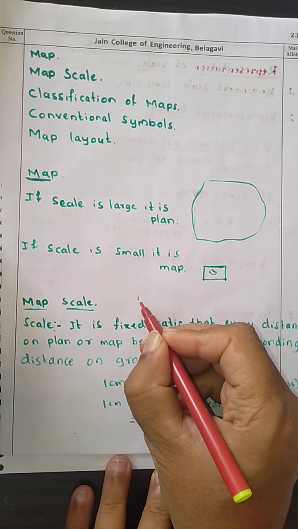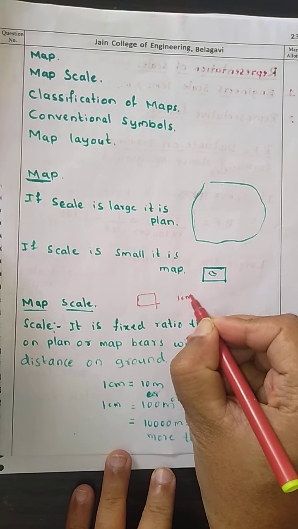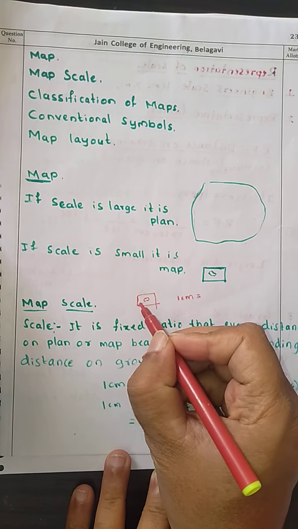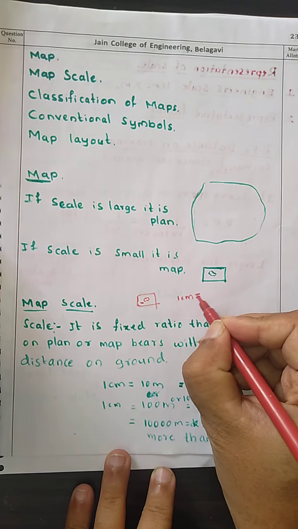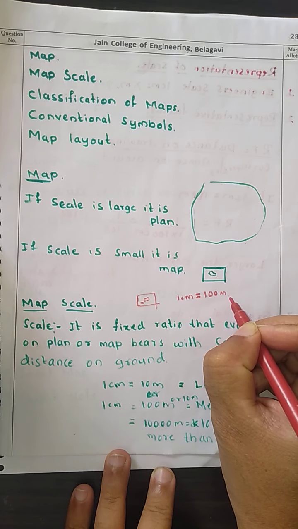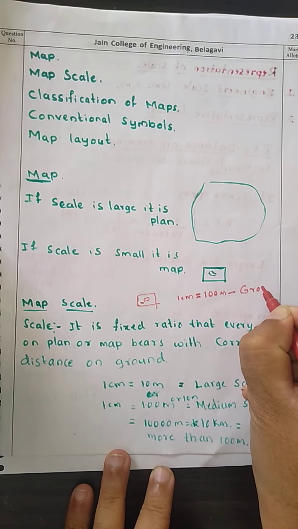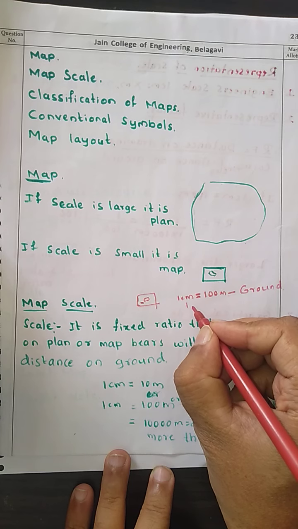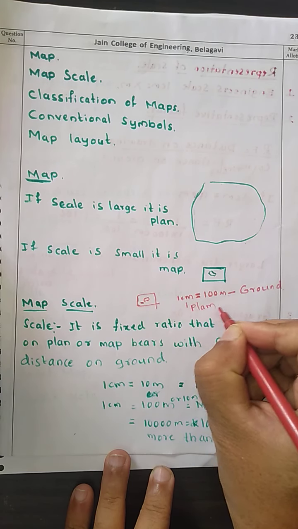Suppose you have a plan with you, and 1 centimeter on this sheet represents 100 meter on the ground. This is on the ground and this is on a sheet of paper, or you can say a plan or a map.